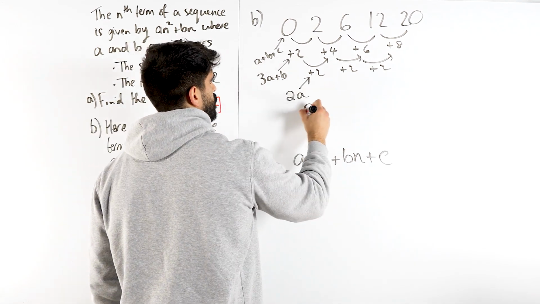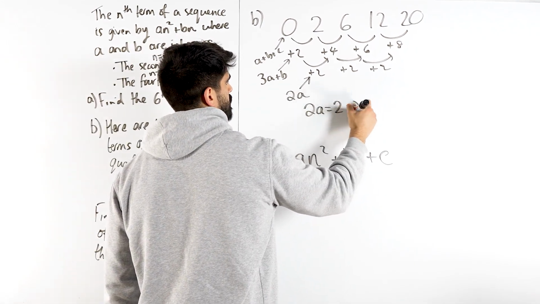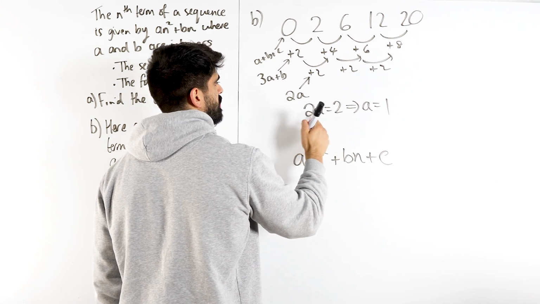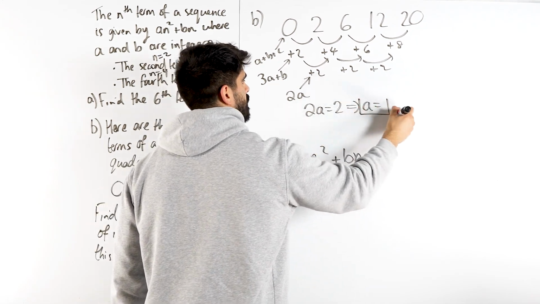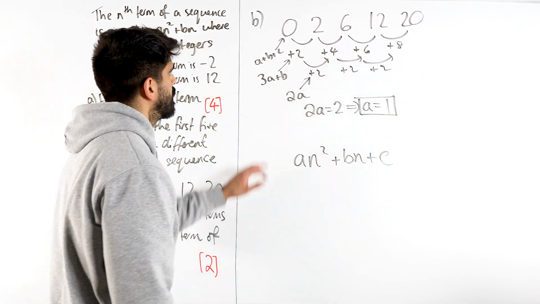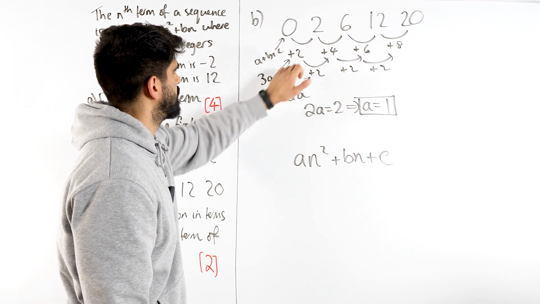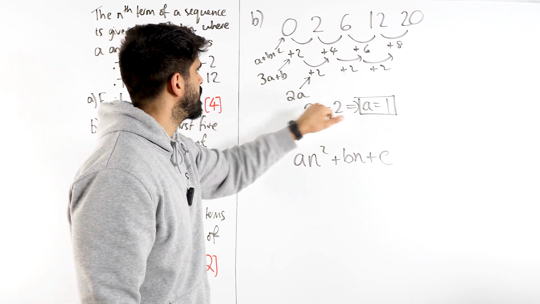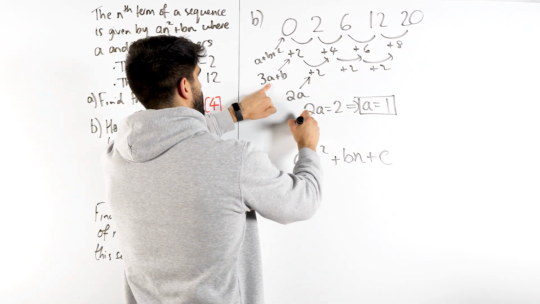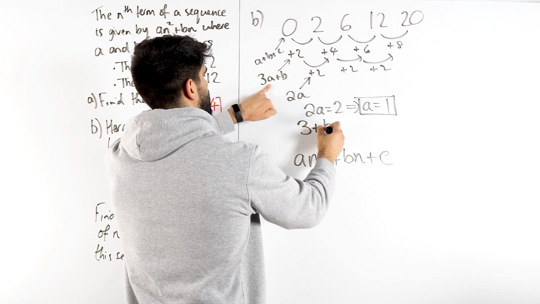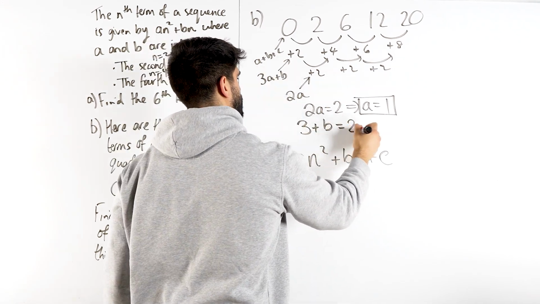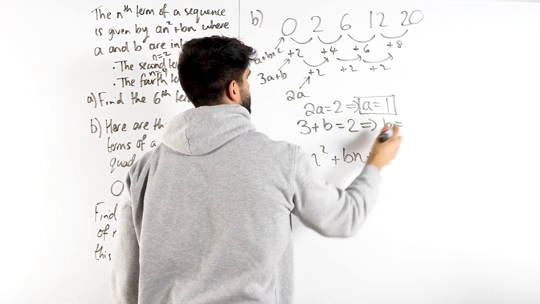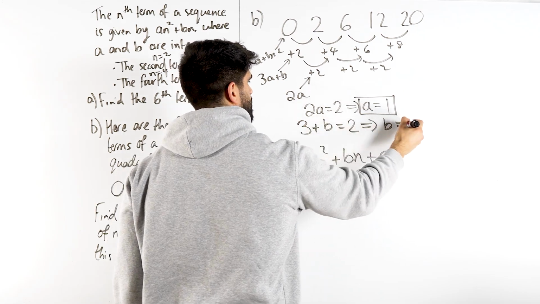If 2a is 2, then a is 1. 2 times a number is 2. That number is 1. Here, 3a plus b is 2. If a is 1, 3a is 3. 3 plus b is 2. What is b then? Well, b, when you subtract 3, is -1.